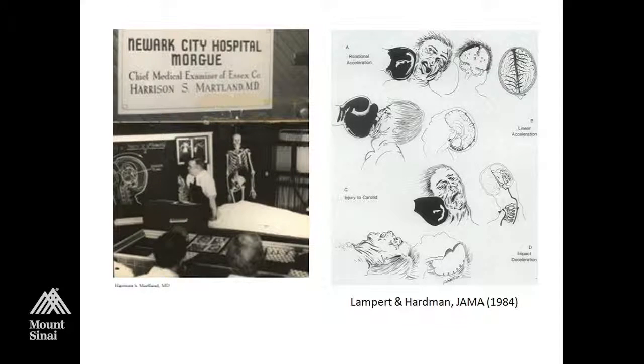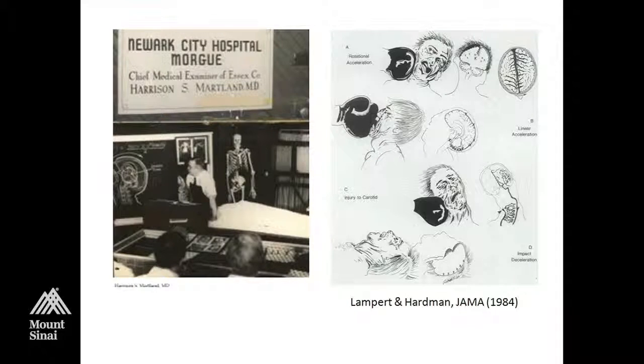And later this entity came to be known as dementia pugilistica, dementia of the fighter. And it was thought, and likely true, that the forces that are transmitted to the skull are then transmitted into the brain, which lead to angular, rotational forces that shear brain structures, and axons and blood vessels are vulnerable, of course.